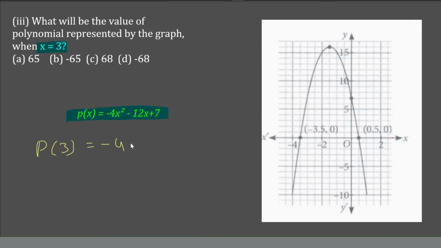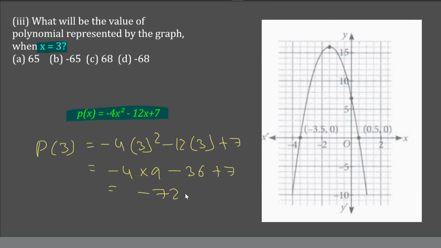So this is negative 4 times 3 square, negative 12 times 3, plus 7. This is negative 4 times 9, that is 36, and 12 into 3 is 36, so minus 36 minus 36 gives minus 72, plus 7, that is negative 65. So yes, B is the correct option in this case.